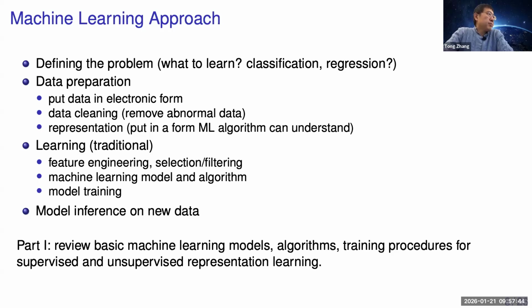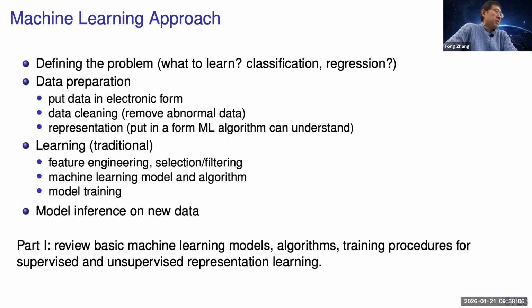You also put in the machine learning algorithms. In the traditional setting, you do the feature engineering. Nowadays, a lot of feature engineering is replaced by neural networks, like representation learning and embedding. They are trying to avoid feature engineering.